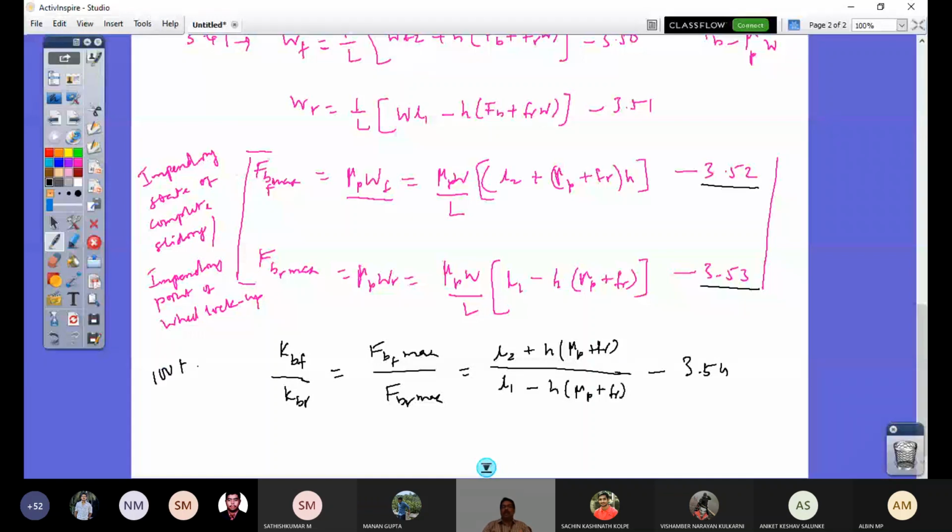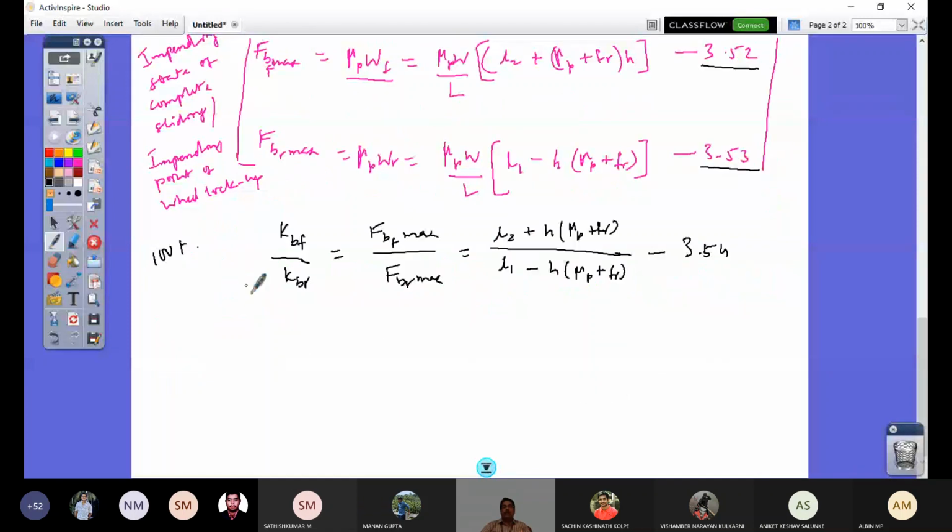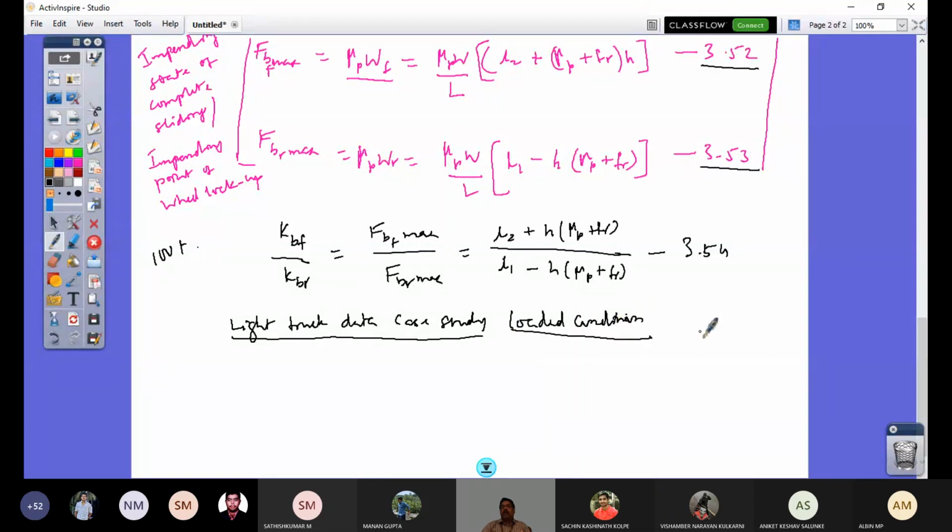So for example, let's look at the data of a light truck. Case study. Light truck data case study. So under the loaded condition, the vehicle load W is 10,000 pounds. Whole number, so I just prefer this pounds unit, right?